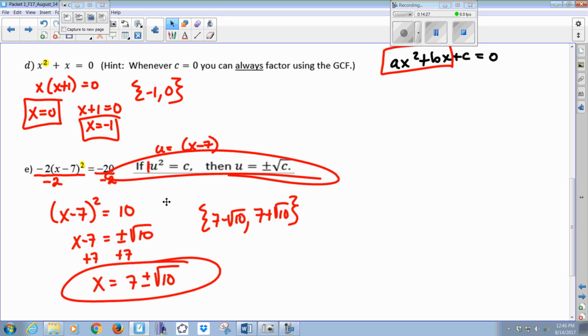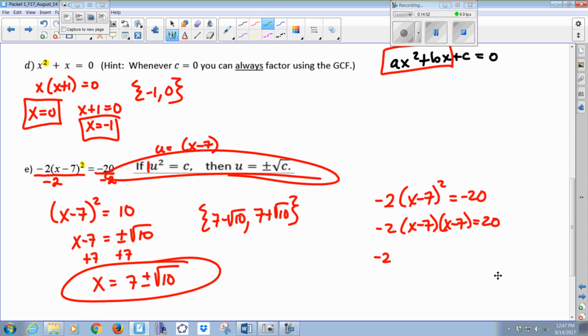I've seen students do so much work on these. I've seen students do this type of thing. Sometimes students will recognize dividing both sides by -2 and sometimes they don't. So the first thing they do is they square this out, and hopefully that's done the correct way. So I always encourage you to do it the long way by writing down what it means to square that. And then if you square this properly, this is what you'll get.